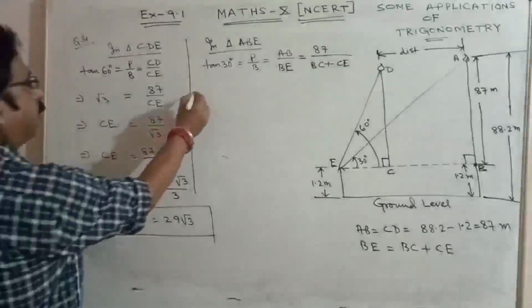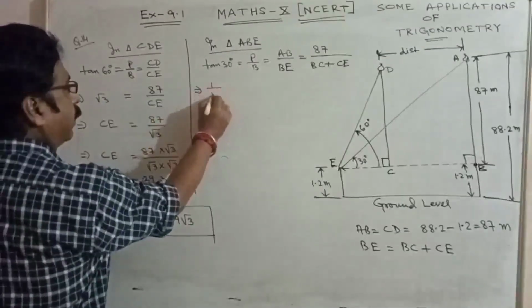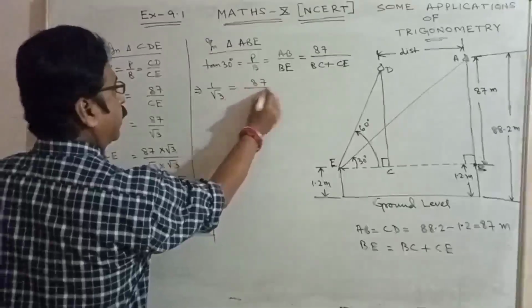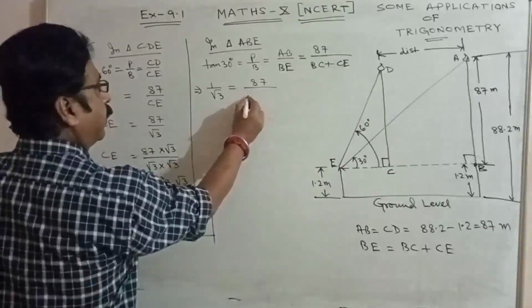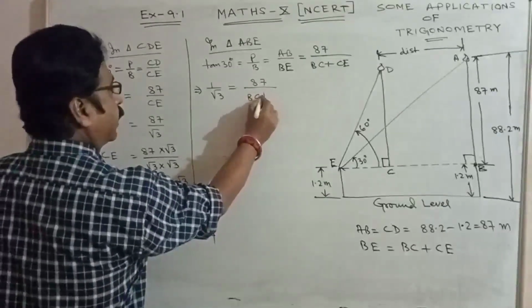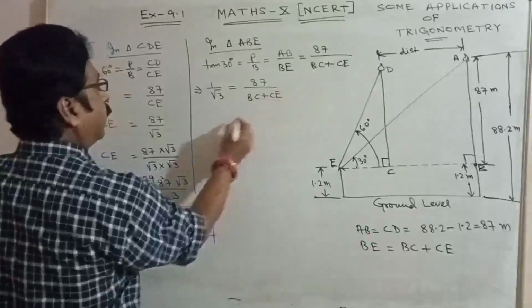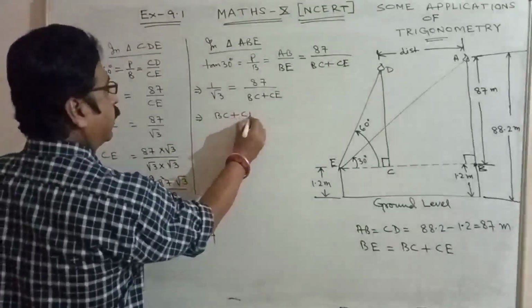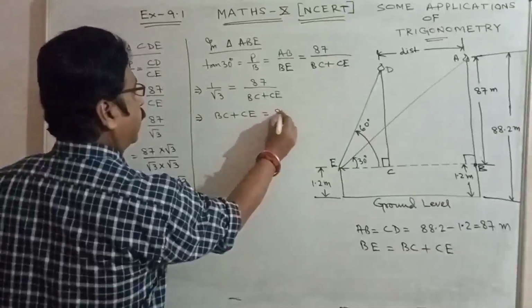Tan 30 means 1 upon root 3. We got 87 upon BC plus CE. Cross multiplication, BC plus CE equals to 87 root 3.